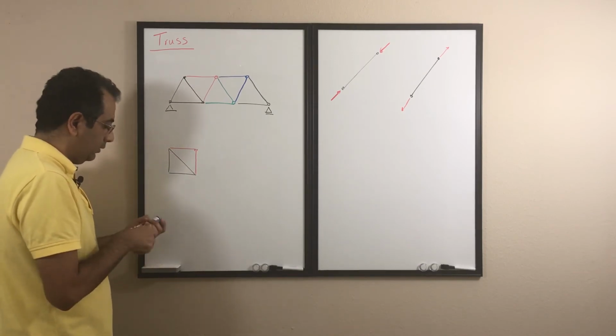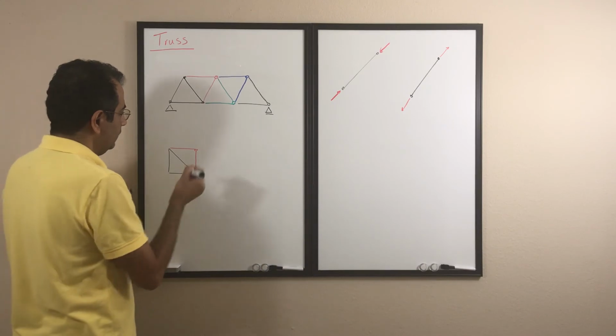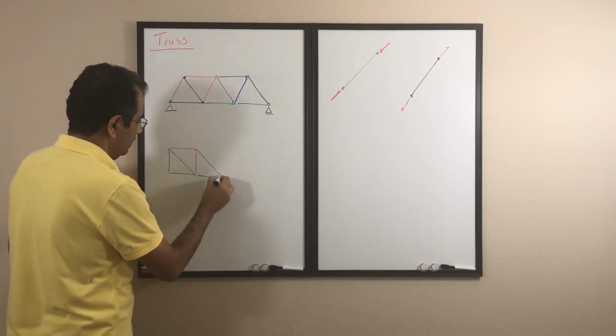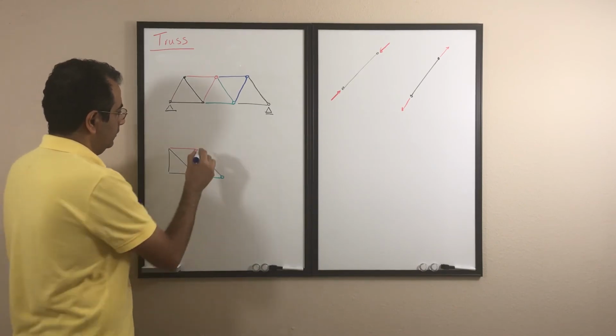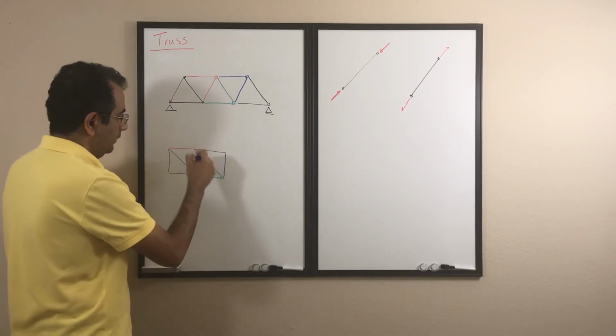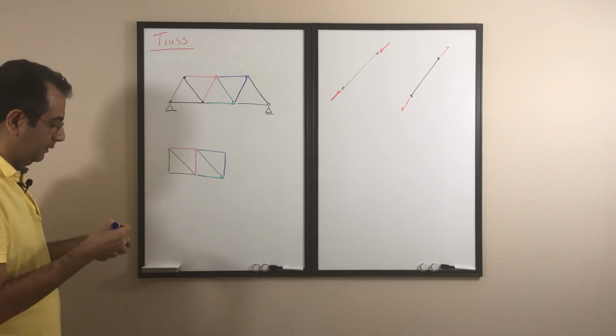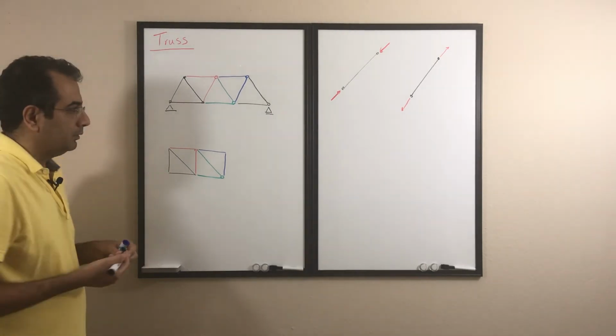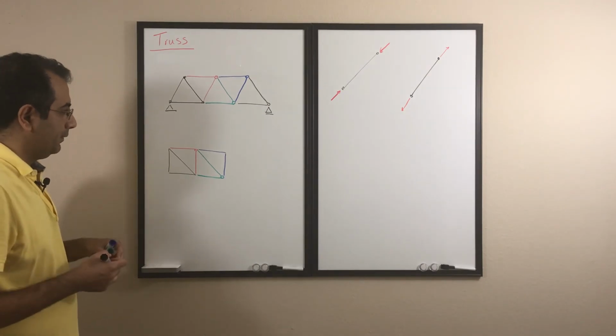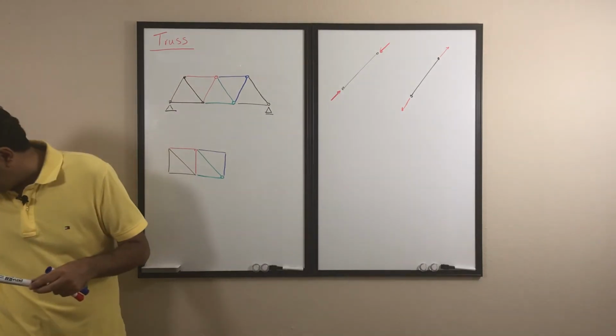Then I'm going to add another two elements, then another two elements. And I can keep going and add elements and elements. So this is also still a simple truss.